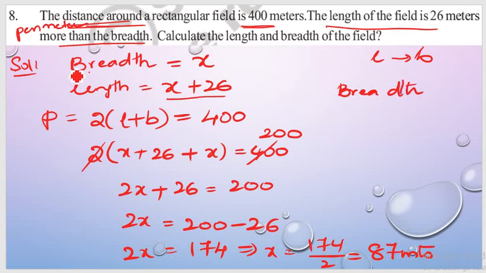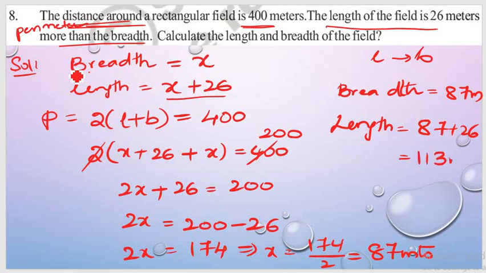So this breadth is 87 meters. So obviously length is 87 plus 26. 80 plus 20 is 100, 100 plus, 7 plus 6 is 13. So 113 meters. From this we got the length and breadth of the given question, right?